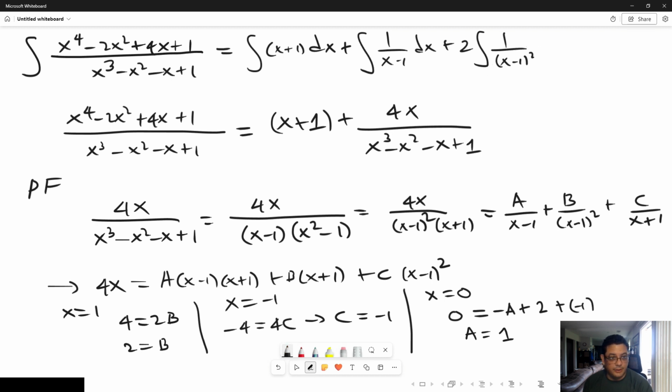First let me not forget the dx, and then minus the integral of 1 over x plus 1 dx.